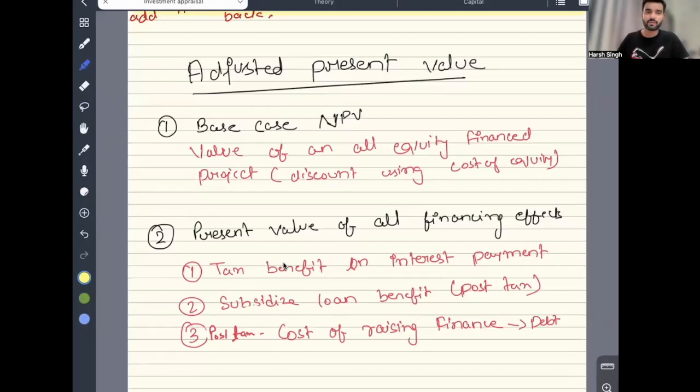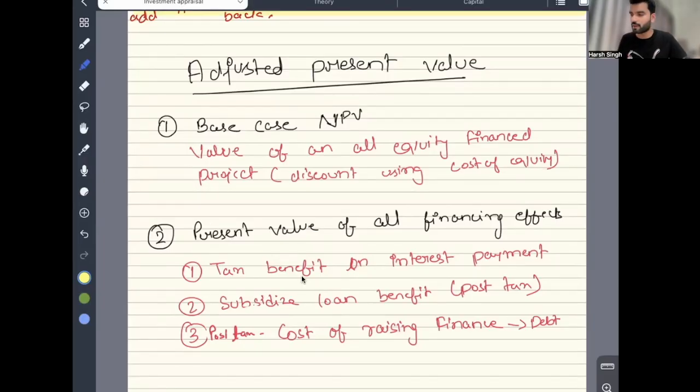Now, there are certain problems because of which we started using the APV, everyone. What are those problems? See, we have been studying up till now that NPV is the best technique out there. Correct? That's what we have been studying.